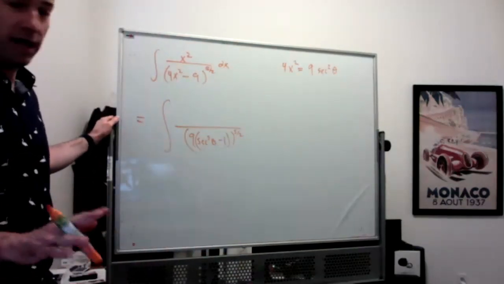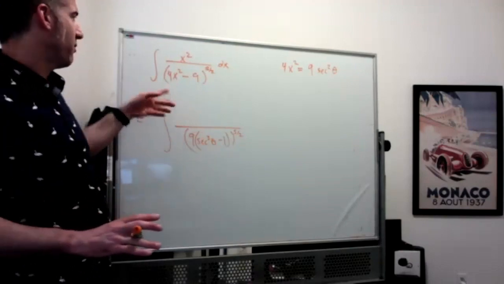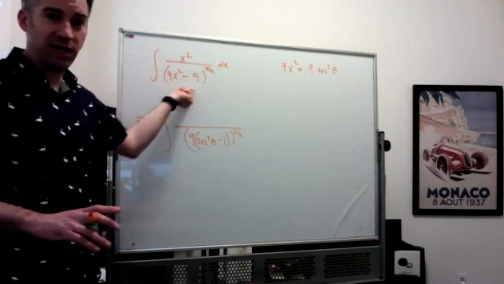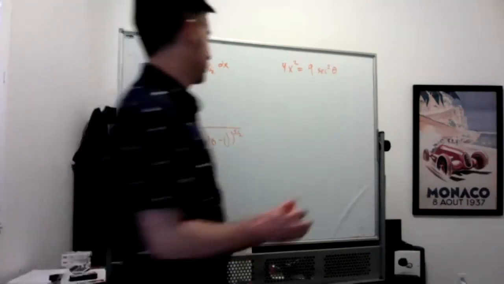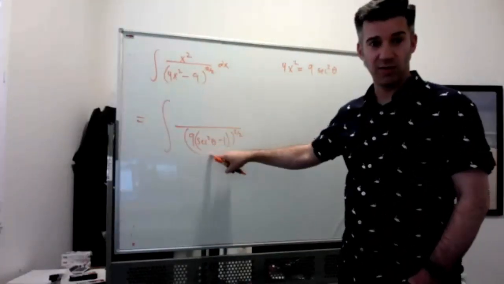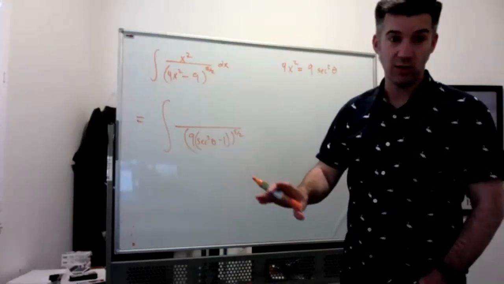I can't stress this enough: if you have something that looks like a trig sub, ask yourself what the variable part needs to be so that you get the trig identity that you want. Because 9 secant squared minus 9, or 9 times secant squared minus 1, is equal to 9 times tangent squared. That's why we're making that choice.